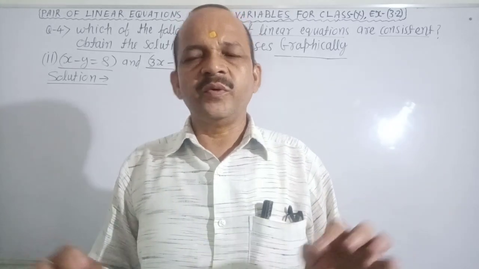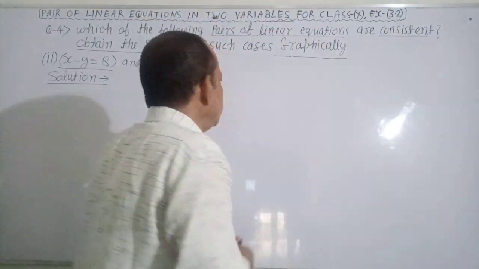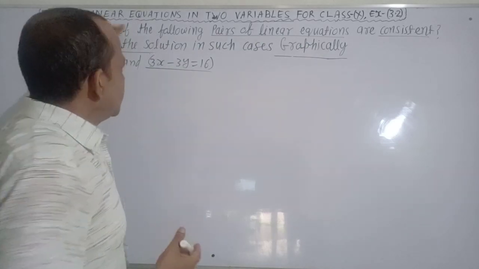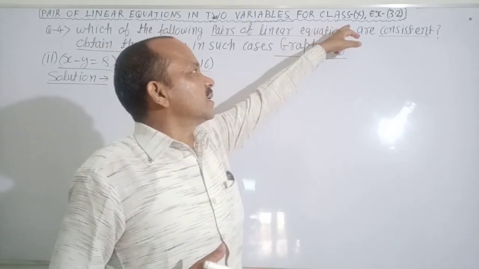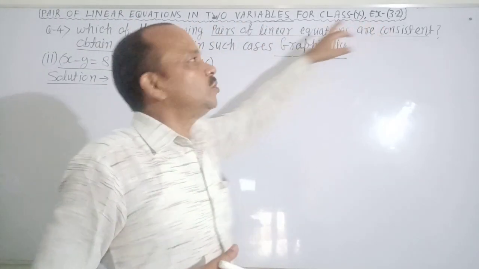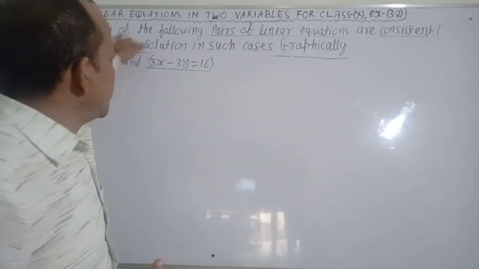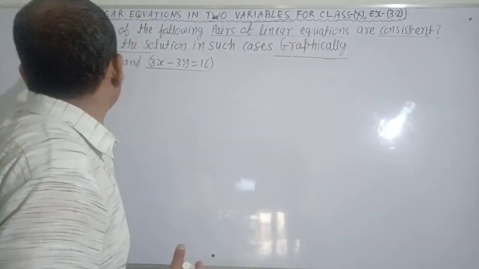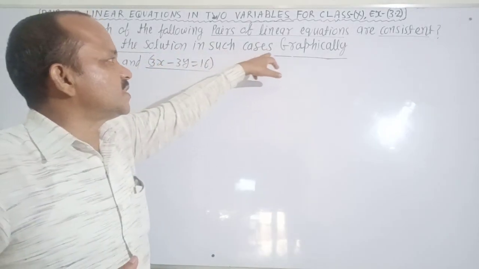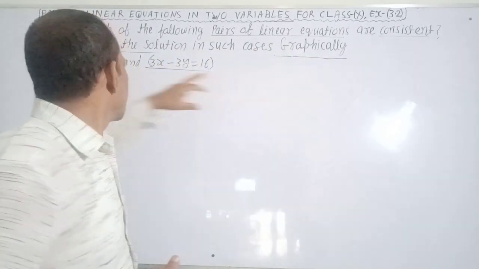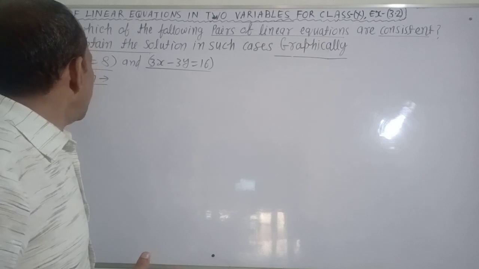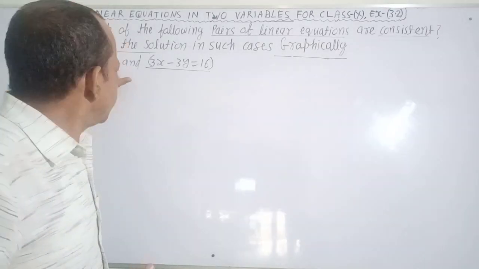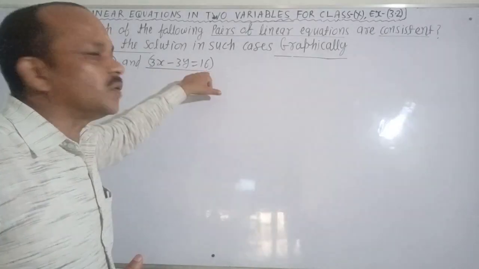Very good. See the board. Pair of linear equations in two variables for class 10, exercise 3.2. Question number 4. Which of the following pairs of linear equations are consistent? Obtain the solution in such cases graphically. Second part: x minus y equal to 8, 3x minus 3y equal to 16.